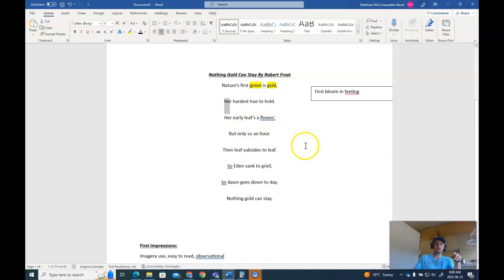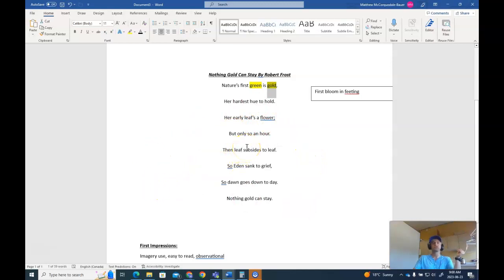So we see her early leaves of flower. Right now, what I've already noticed is this rhyme scheme. We're going to come back to this rhyme scheme after we do the first read. Her early leaves of flower, but only so an hour. So once again, repetition is found here.